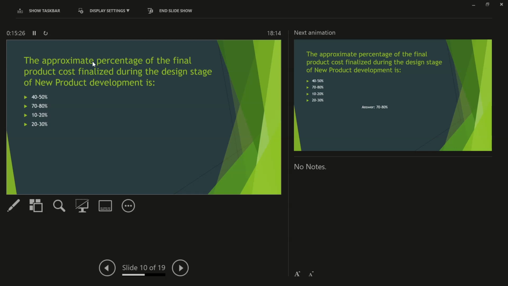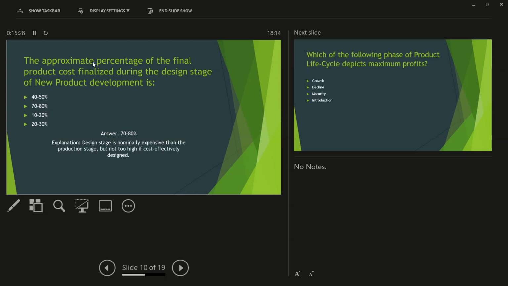Okay, correct explanation, I'll say. And it is nominally expensive than the production state, but not too high if designed cost effectively.